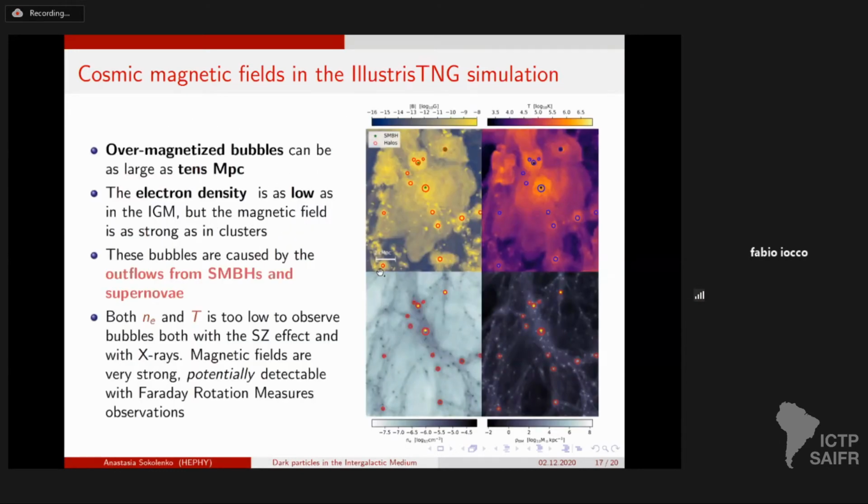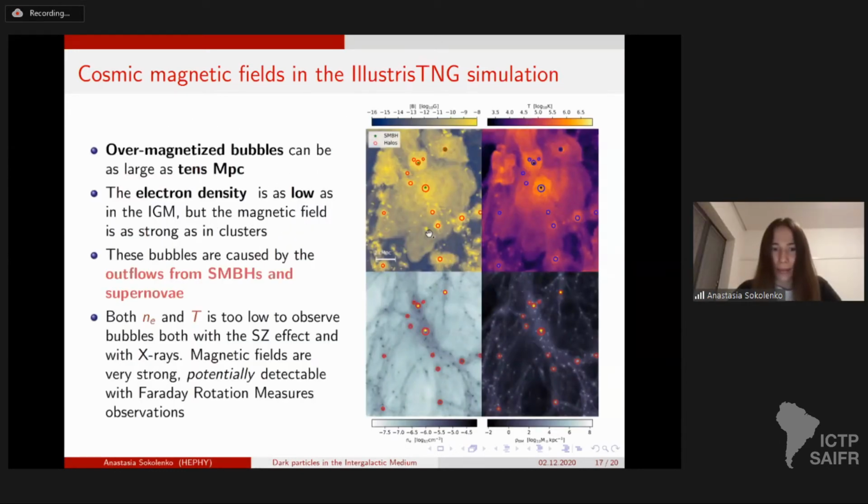So here we show the same bubble that is mysterious here. We zoom in on it, and we show the magnetic fields together with the virial radius of halos. The halos are very small, in fact, and the strong magnetic fields outside the virial radius are really large, and this box is like 10 to 15 megaparsecs.